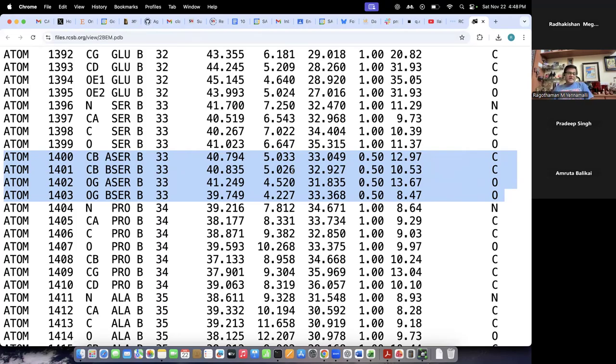It's good practice to have only one conformation when you have this kind of occupancy.